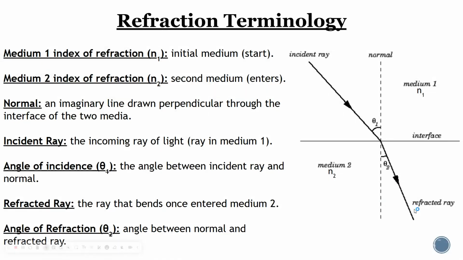The angle between the refracted ray and the normal is called the angle of refraction, which we call theta 2 here instead of theta r, because theta r represents the angle of reflection. Sometimes we call theta little r the angle of reflection and theta big R the angle of refraction, but to avoid confusion we're just going to use theta 1 and theta 2 in this situation.